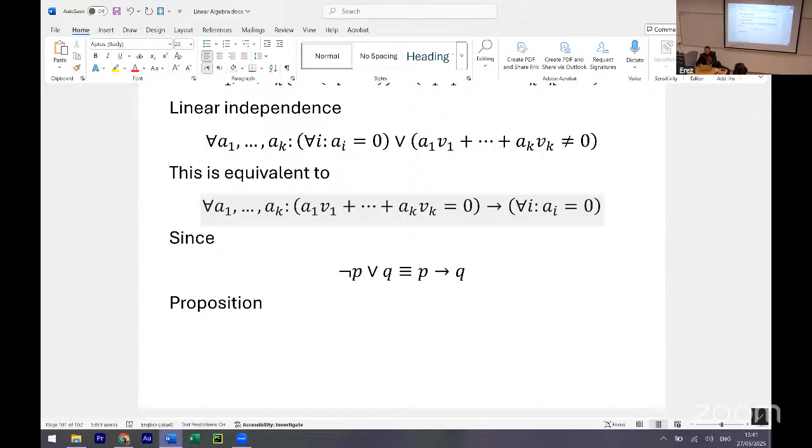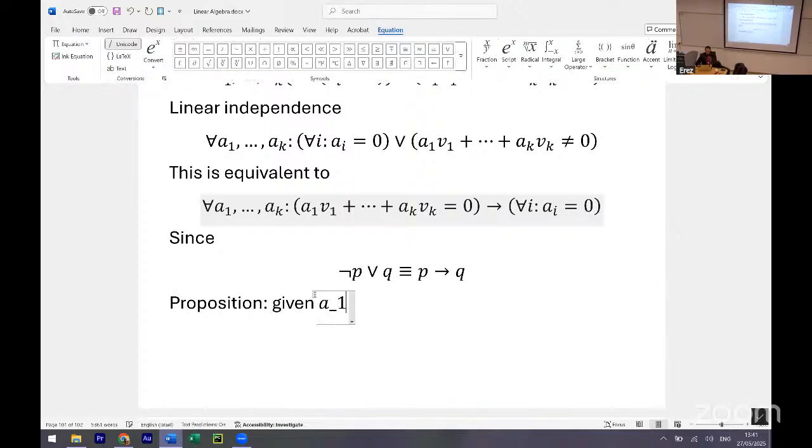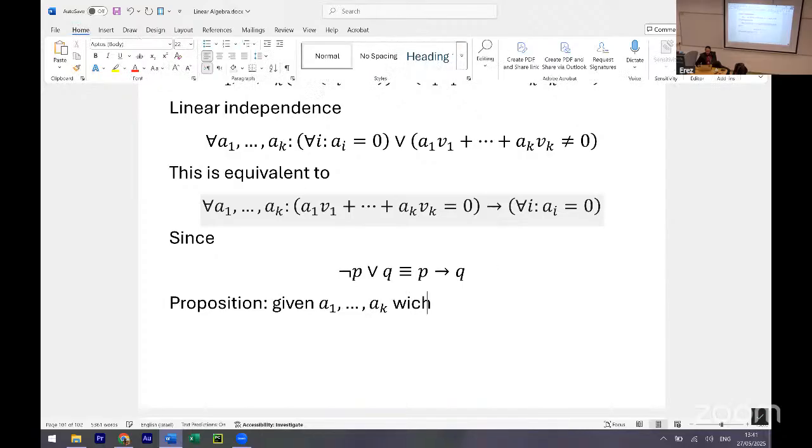Okay, proposition. Given A1 to AK, which are independent.